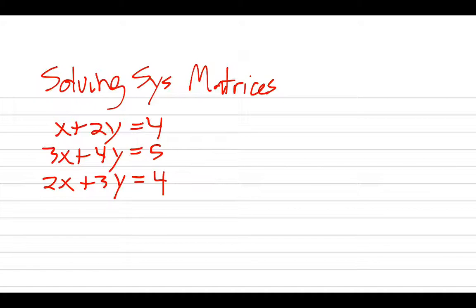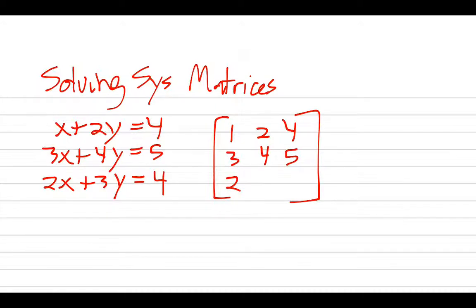And we go to a matrix, and you put in the following: 1, 2, 4, 3, 4, 5, 2, 3, 4. Like that. Right?